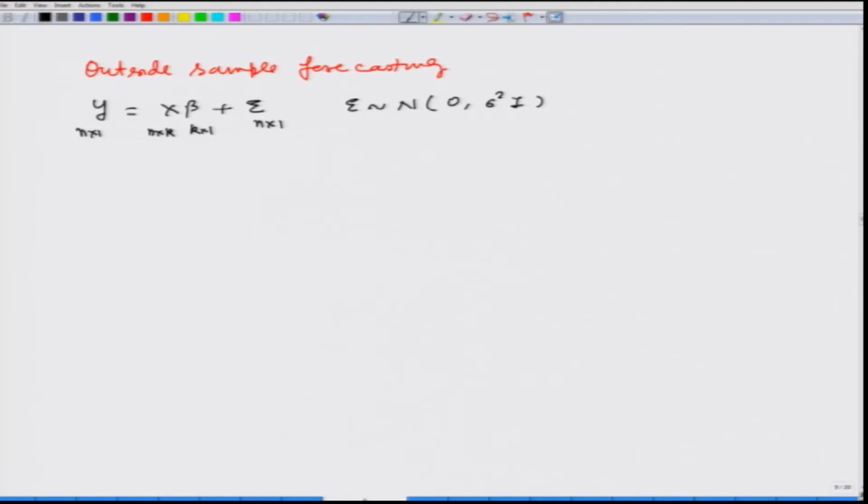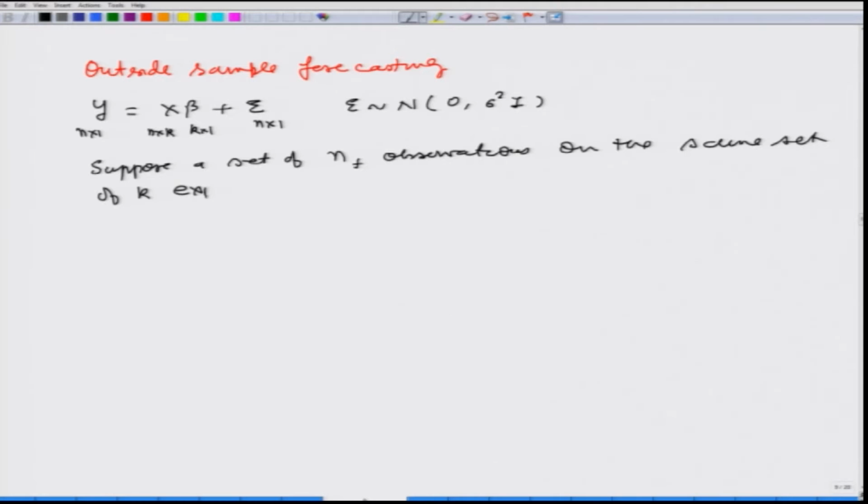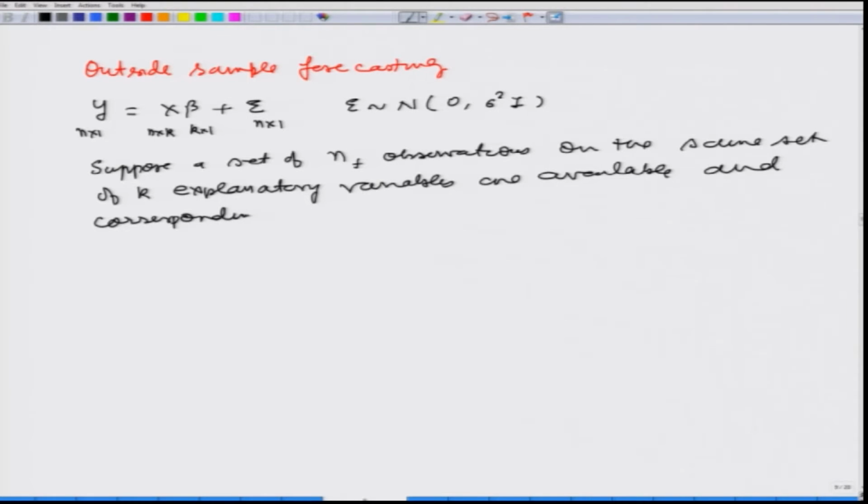Now, this is our basic model, and in order to do the forecasting, we assume that suppose a set of nf observations on the same set of k explanatory variables are available, and corresponding observations on y are to be predicted.